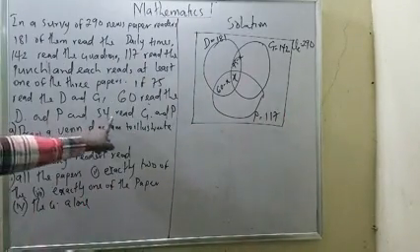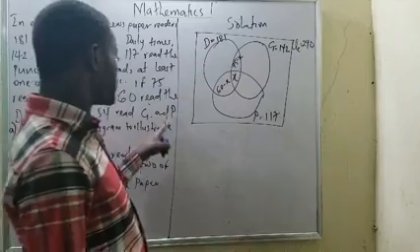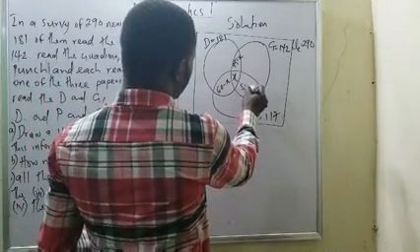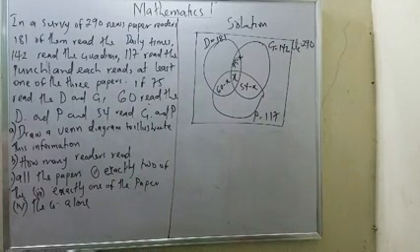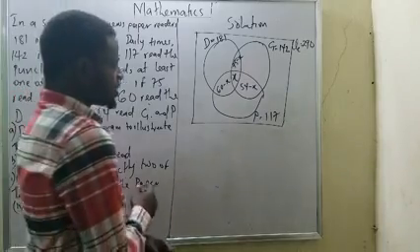Also, 54 read Guardian and Punch. That is all. Draw a Venn diagram, illustrate the information. That is what we are trying to do.